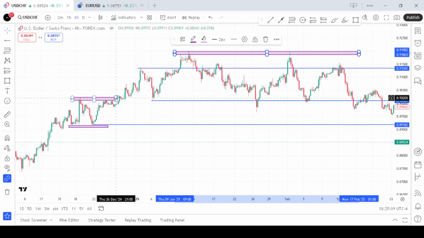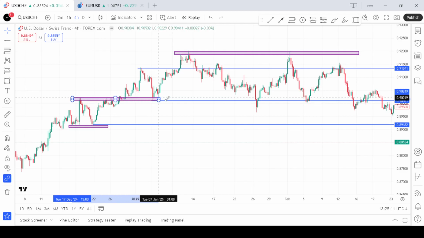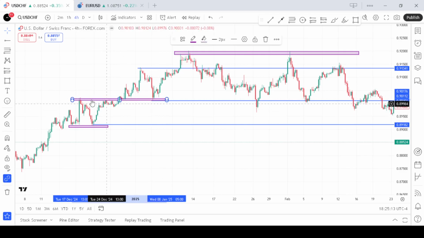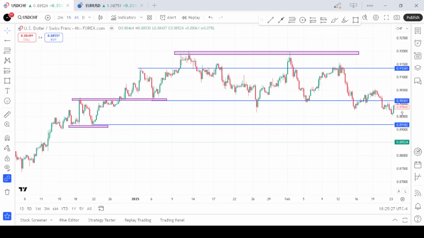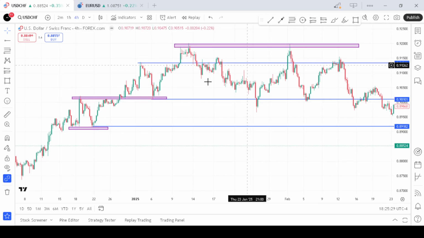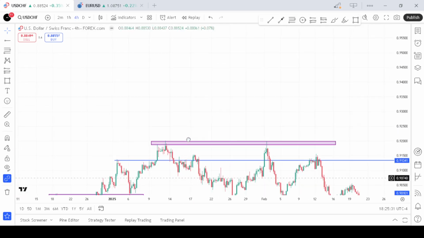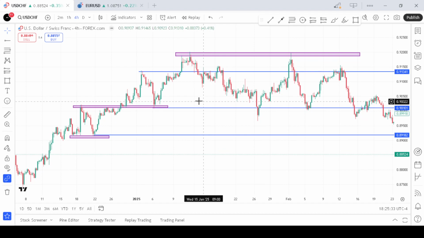As we can see in this area, when price broke through this resistance, it came back and acted as support, from what we drew. So this is the basic concept of using our tools as both support and resistance levels on our chart.